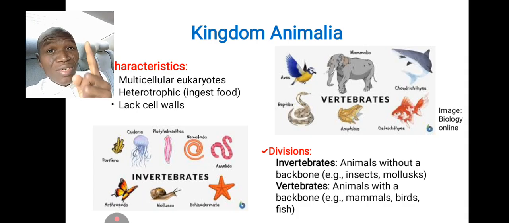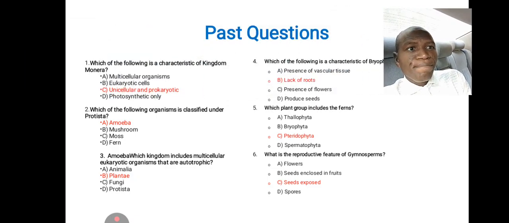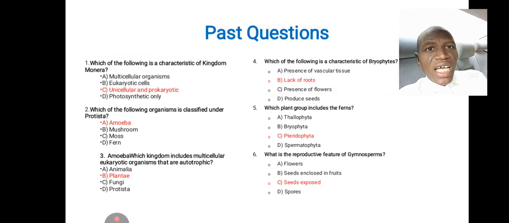So now let's quickly look at frequently repeated questions in JAMB under this topic. All right. The first question I have here says, which of the following is a characteristic of kingdom Monera? Do you see now? They are asking questions from the characteristics angle.